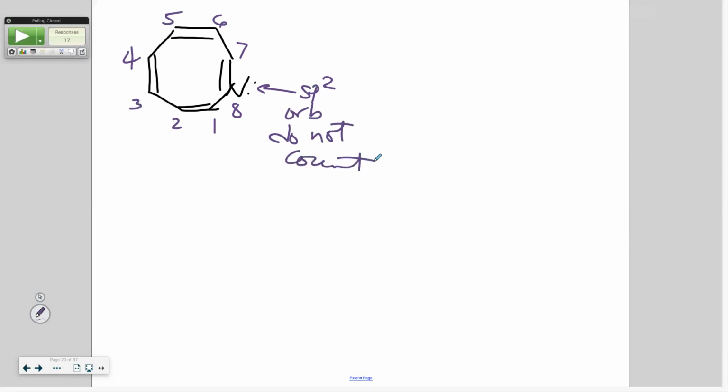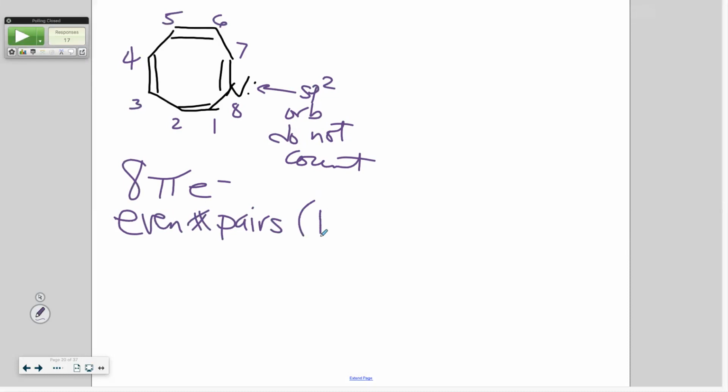All right, so we have 8 pi electrons, which is an even number of pairs, 4. So what does this classify? Anti-aromatic.